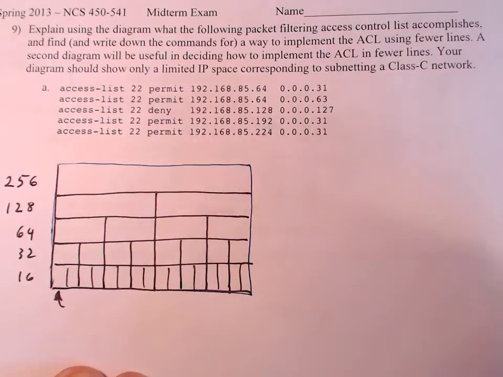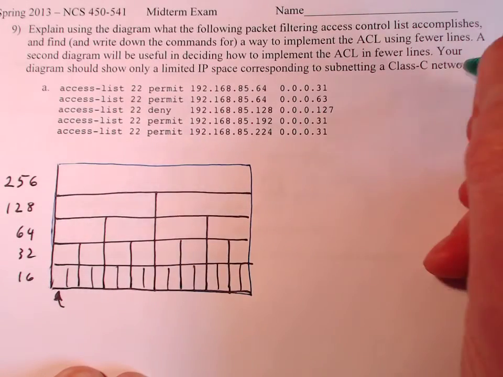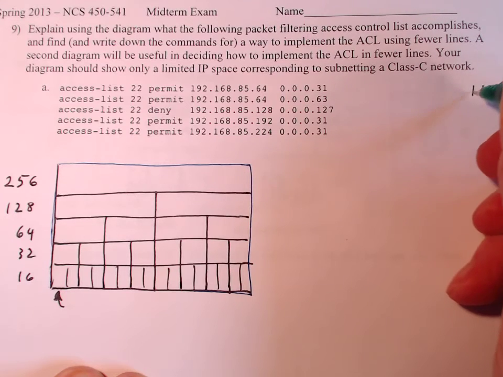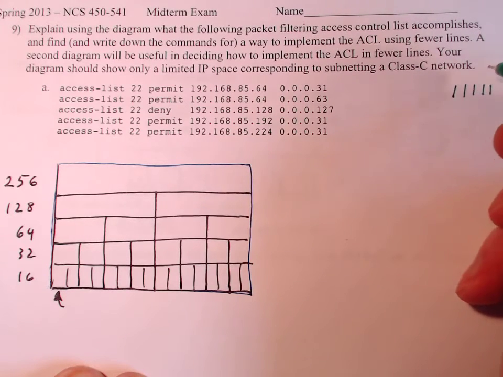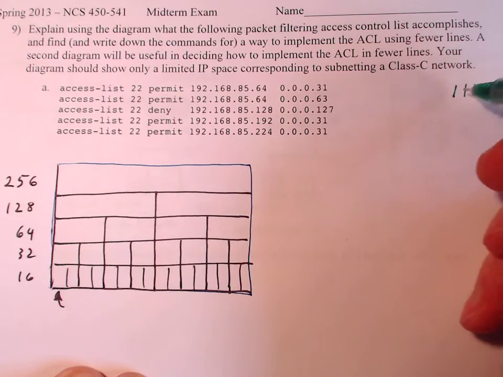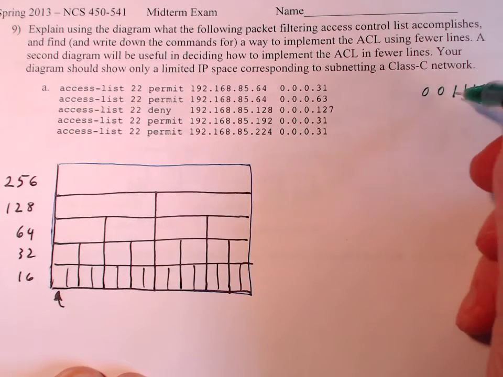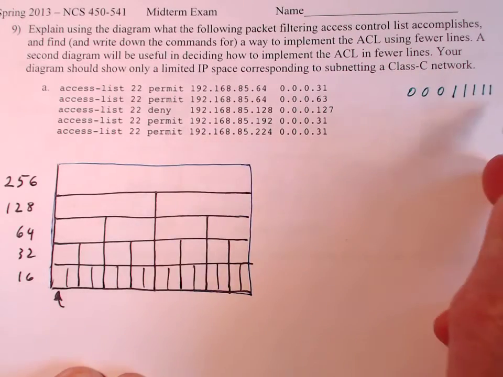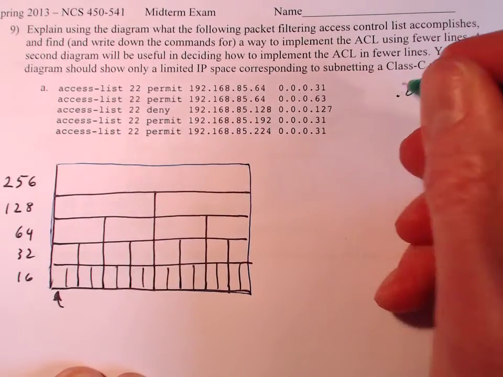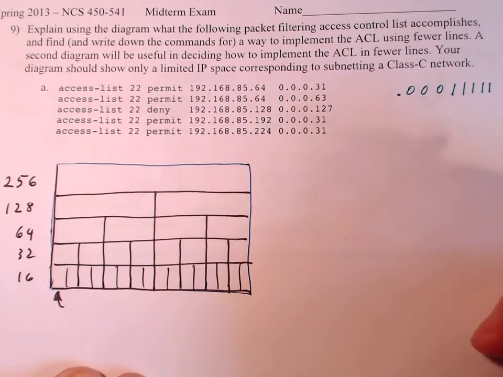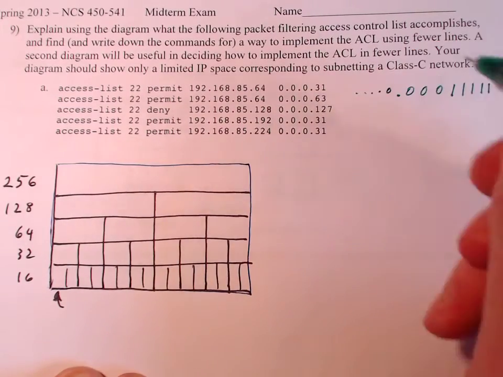Because a 31 is a binary 1, 2, 4, 8, 16, 1, 2, 3, 4, 5, 6, 7, 8. That's a binary 31. And you'll recall, that's the last 8 bits of that subnet mask, and the rest of them are zeros.